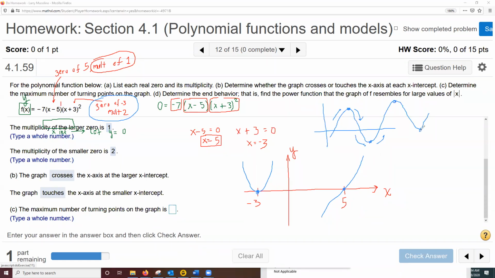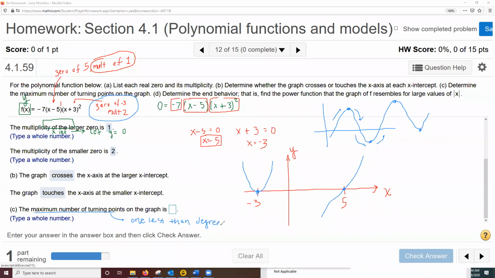Now, I could tell how many turning points there are without really graphing. The maximum number of turning points is always going to be 1 less than the degree. So 1 less than the degree. So I'd like to know, what is the degree of this polynomial function?